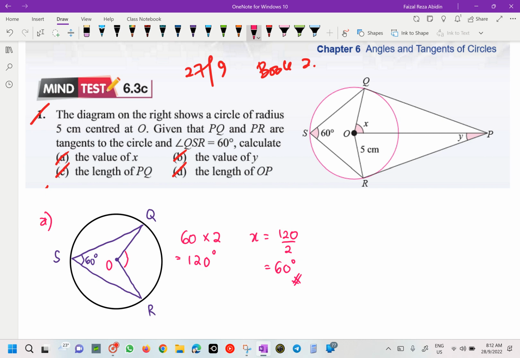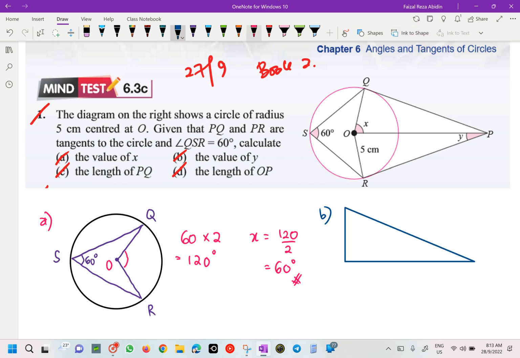B. The value of our y angle. Okay, this one you can have from the triangle. The triangle of what? Right angle, which is, I'm going to have over here the triangle of POR.